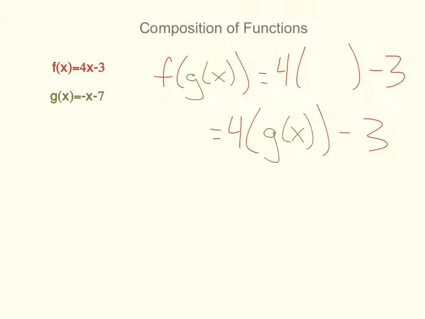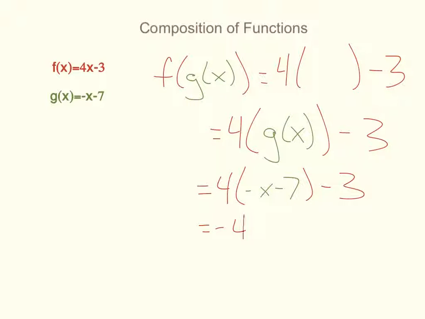So what is the g function? Well, the g function is just -x minus 7. And so that's what we're evaluating it for. Now, you always want to simplify things. So this isn't done because we're actually going to do some of the rule, okay, and put this in simplest form. So we're going to distribute the 4 to both things inside the parentheses.